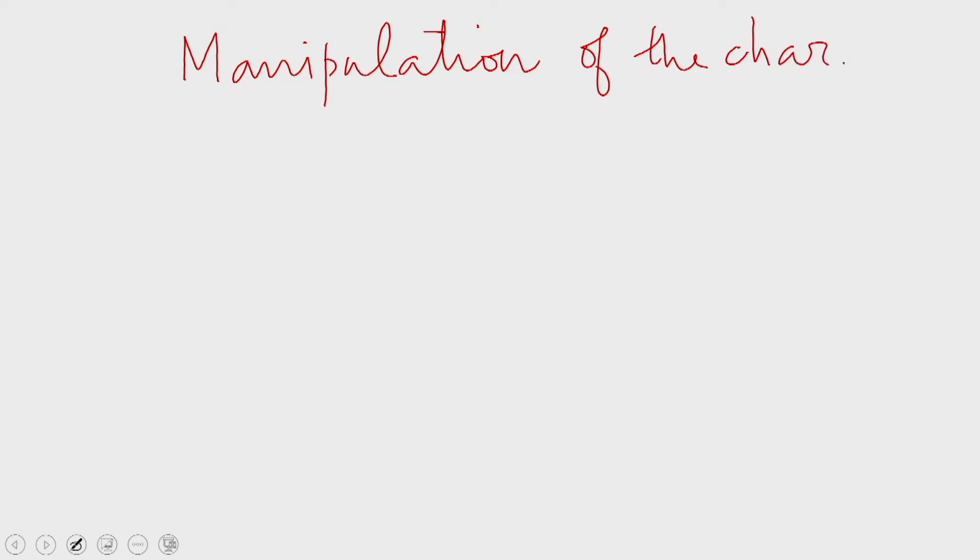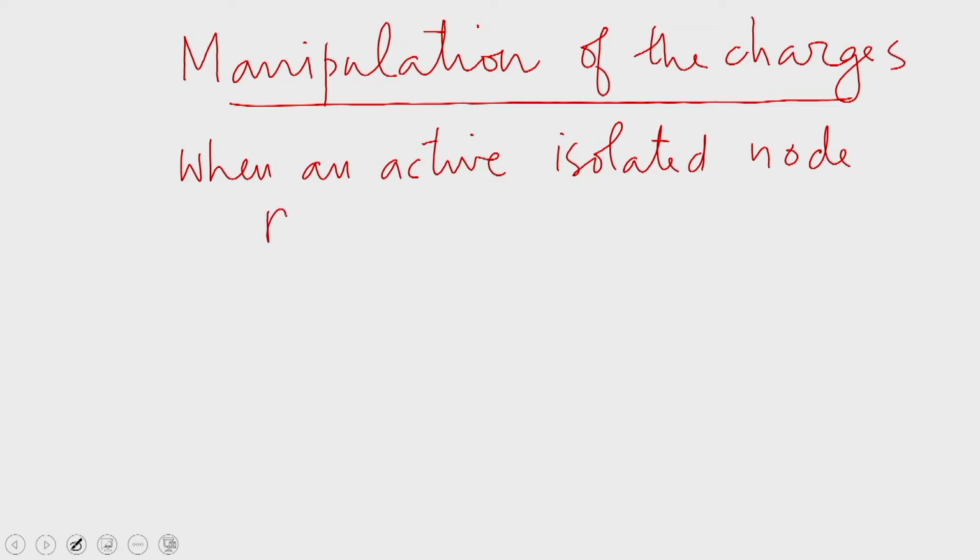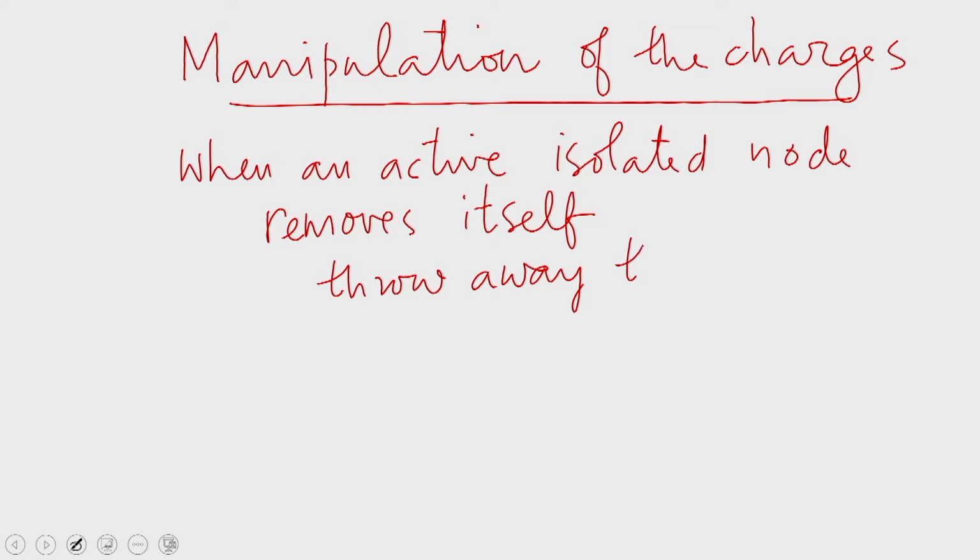Mind you, these charges and their manipulations are all external to the algorithm. That is, standing outside the algorithm, we manipulate these charges as the algorithm performs various operations. So, what we do is this: when an active and isolated node removes itself, we throw away the charge of the node.